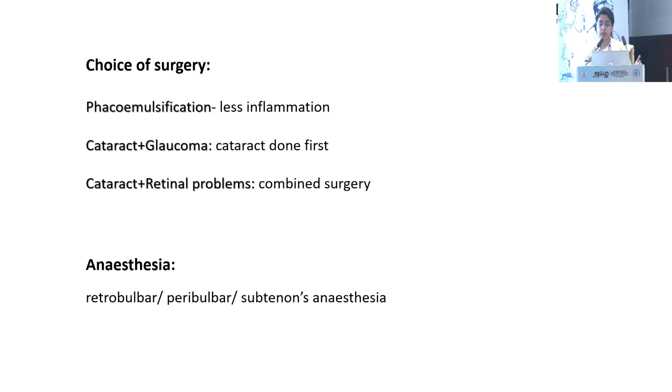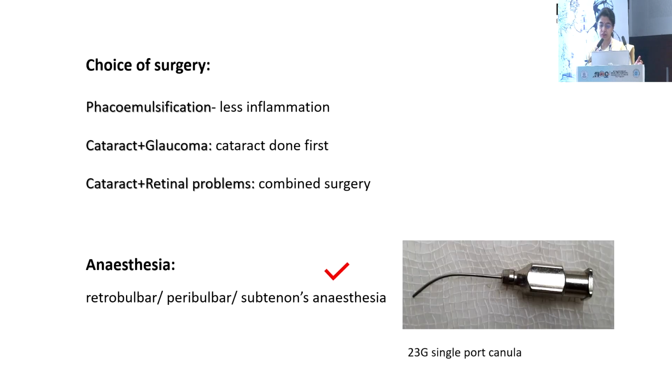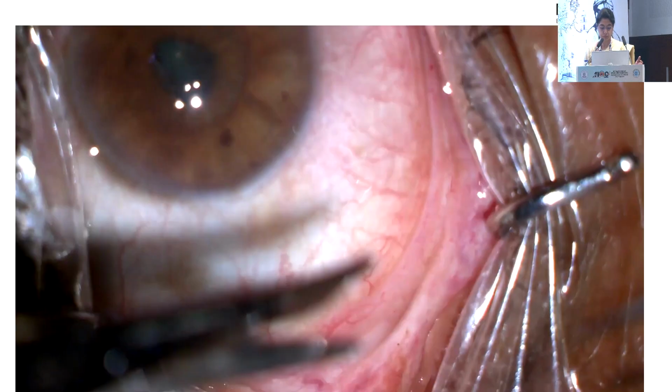If cataract and retinal problems coexist, a combined surgery can be planned. Anesthesia is surgeon's choice, but do not do these surgeries under topical anesthesia because you can get surprises intraoperatively. I prefer subtenon anesthesia. It can be given with a single port cannula.